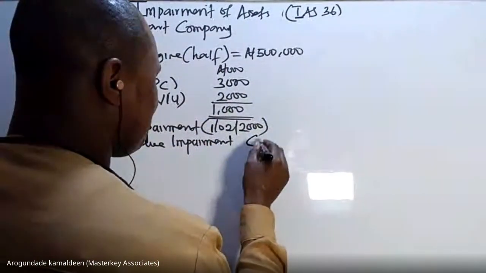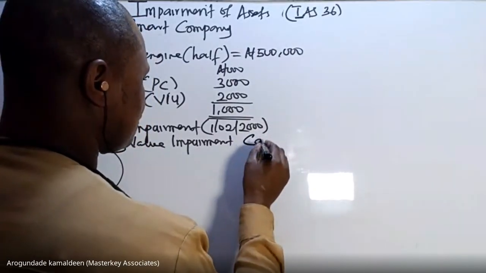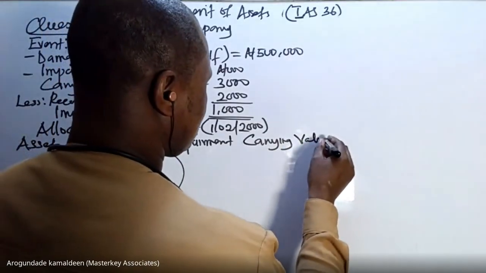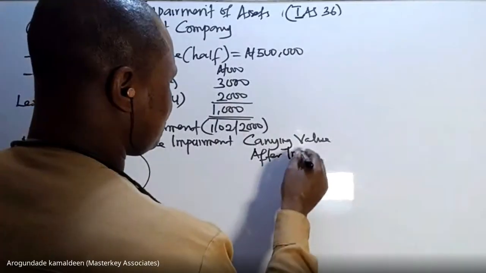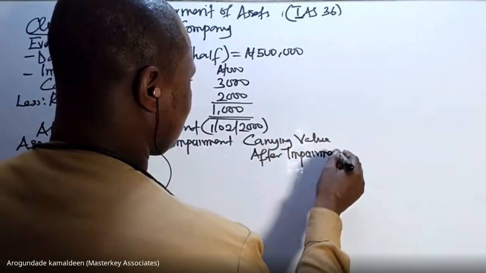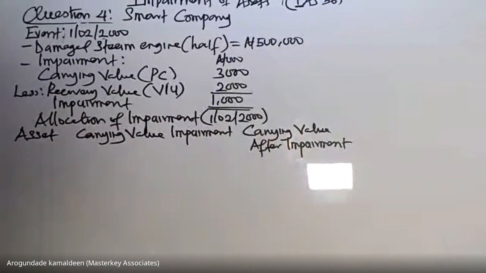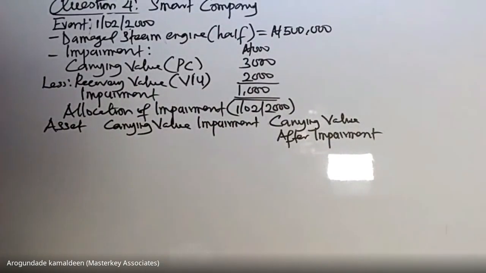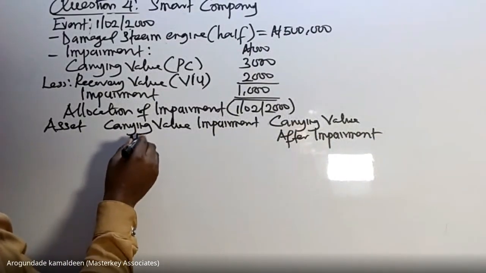Now, the carrying value after impairment. We need to know the value of the asset after the first incidence. So we have it in thousands.